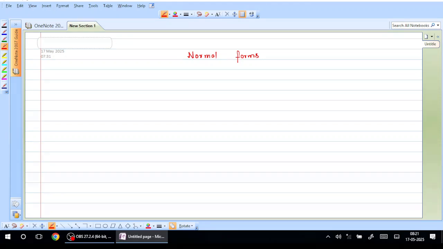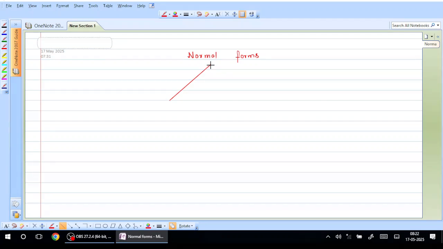But as the difficulty of the problems increases, it is not possible and even not practical to decide whether the given statement is a tautology or contradiction or at least satisfiable. So the alternative way is to reduce it to normal form. Basically, the normal form is of two categories.